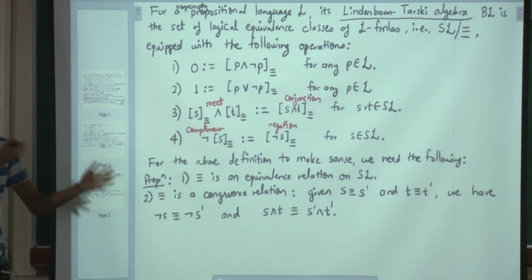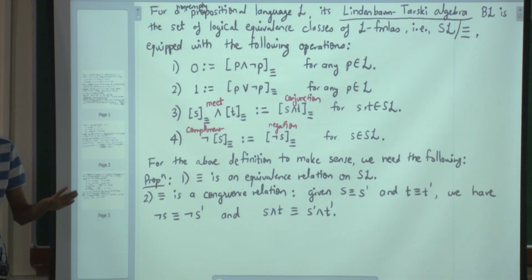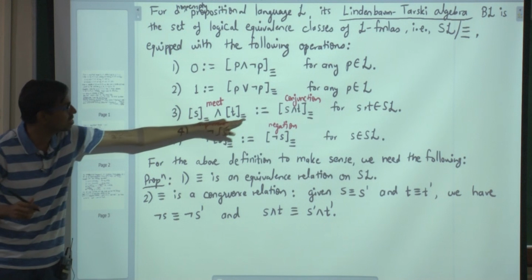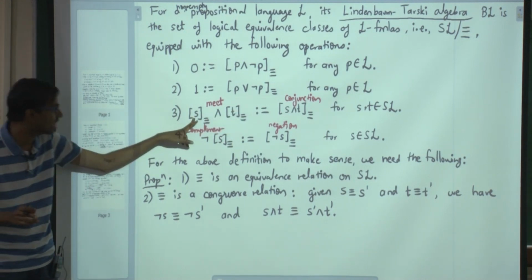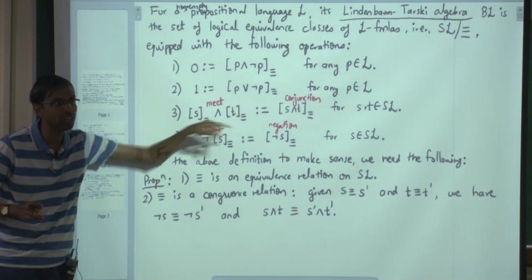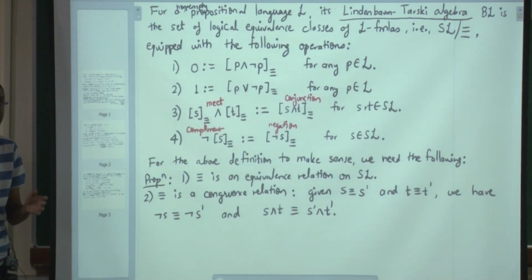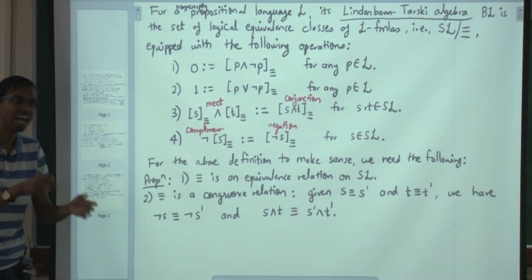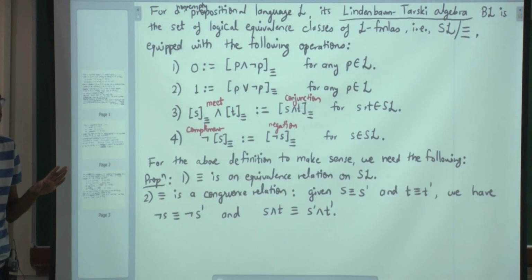Whatever the result is, it is still in the same equivalence class. We don't want equality of the conjunctions. If this is S and this is T, then we get S conjunction T. But if this is S prime and this is T prime, then we will get S prime conjunction T prime. We don't want the equivalence class to change. The actual formulas can change. Understood?